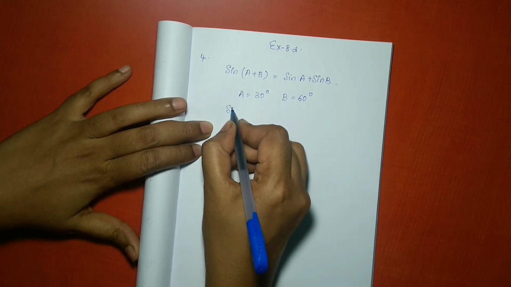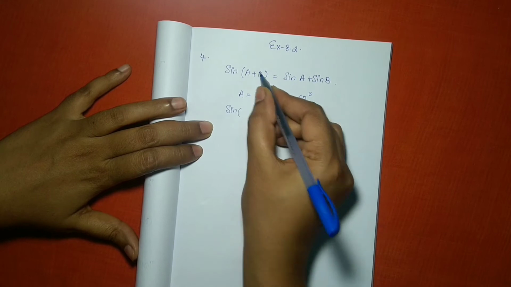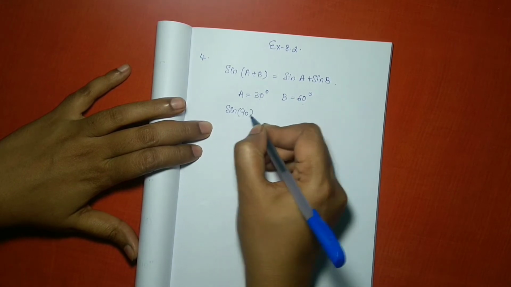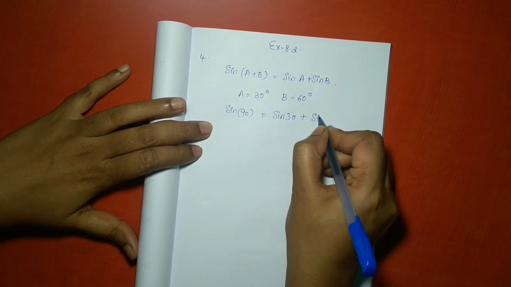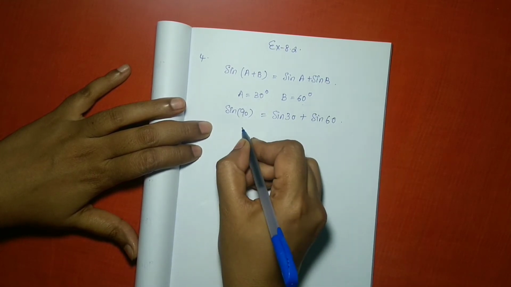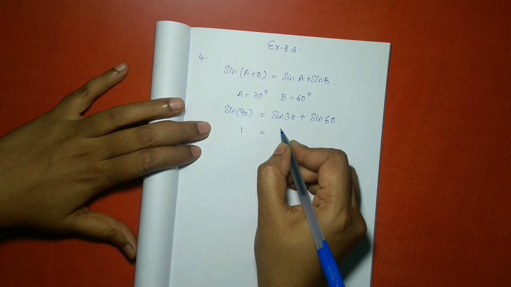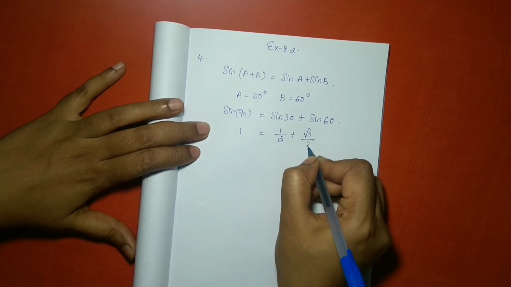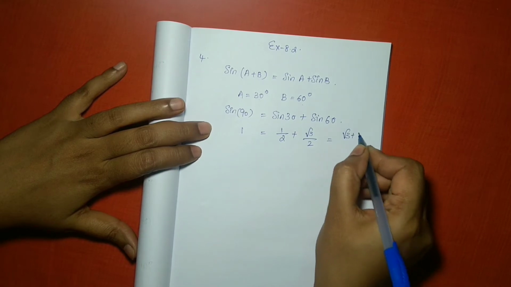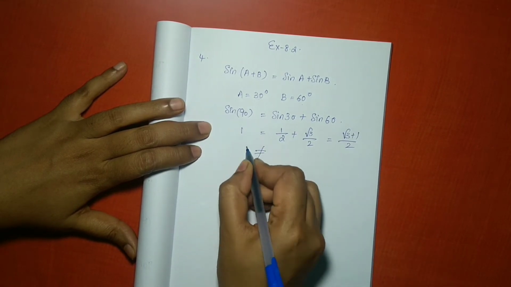Then substitute in the given statement: 30 plus 60, a plus b, sine 90 is equal to sine 30 plus sine 60. Sine 90 is 1, and sine 30 is 1 by 2 plus sine 60 is root 3 by 2. So this is root 3 plus 1 by 2, which is not equal to 1.